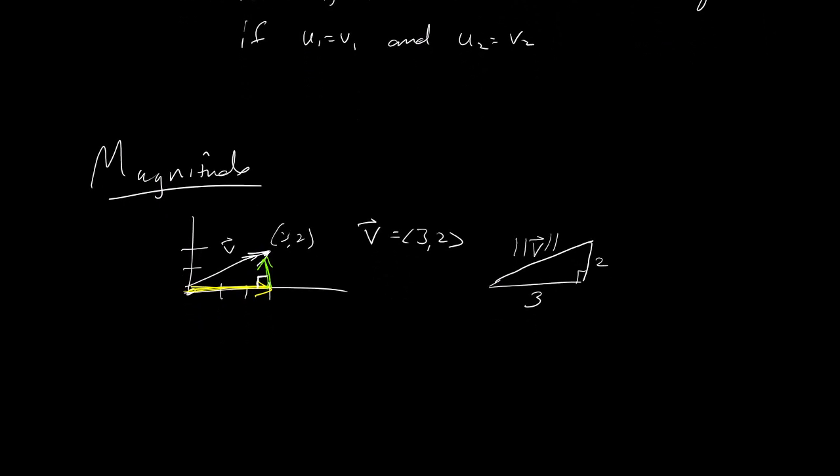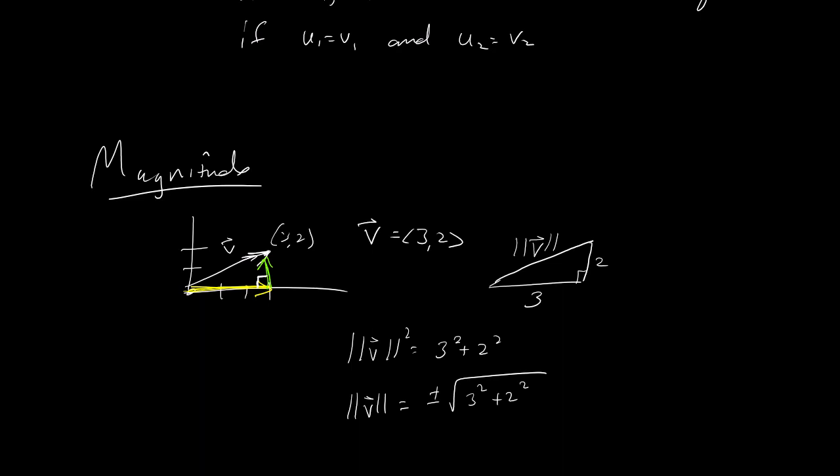Using the Pythagorean theorem, the magnitude of vector v, squared, is equal to the sum of the legs squared. So 3 squared plus 2 squared. We're going to take the square root of both sides, and we get the magnitude of vector v is equal to plus or minus the square root of 3 squared plus 2 squared. However, this is a magnitude. I'm not interested in direction at all. I don't need positives or negatives.